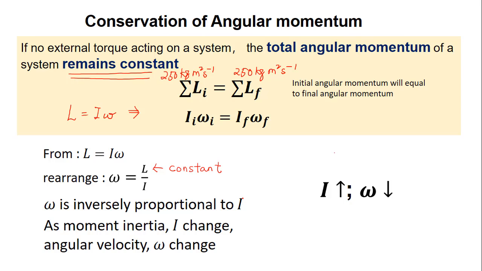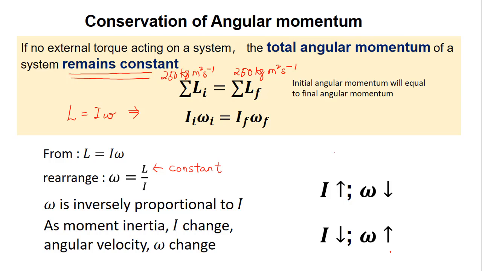If you increase the moment of inertia of the system, then the angular velocity will decrease such that our angular momentum is always constant. If we decrease the moment of inertia of the system, then our angular speed or angular velocity will increase.